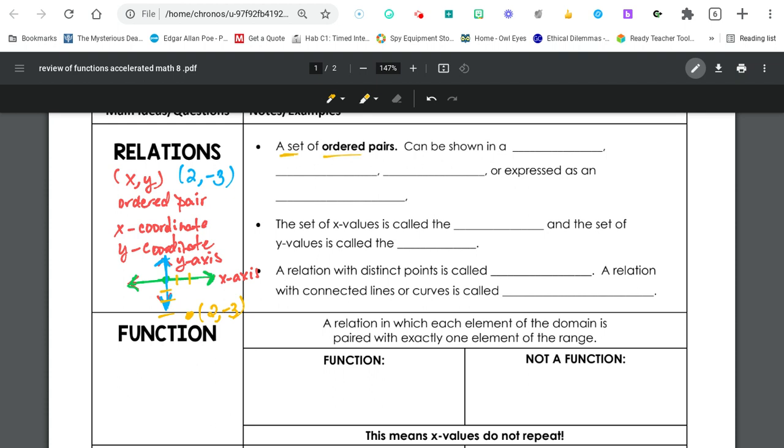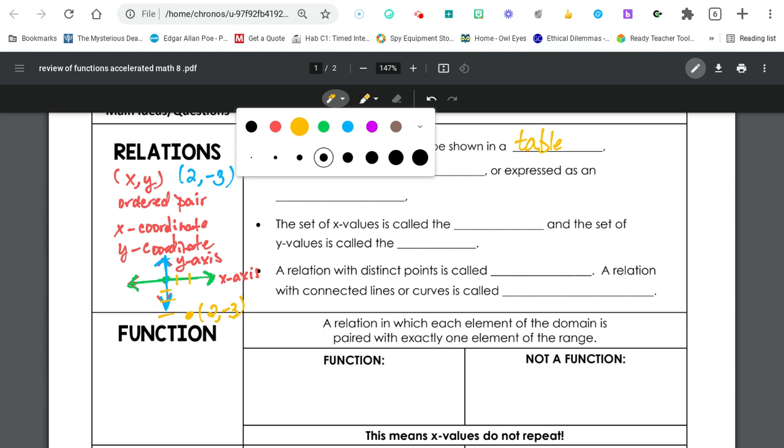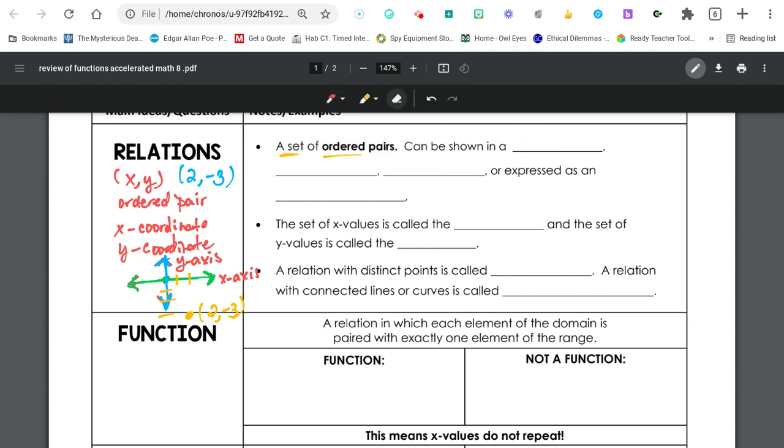All right, a relation can be shown different ways. A relation can be shown in a table. Let me change the color back. A relation can be shown in a table, like an XY table, a chart. Okay.